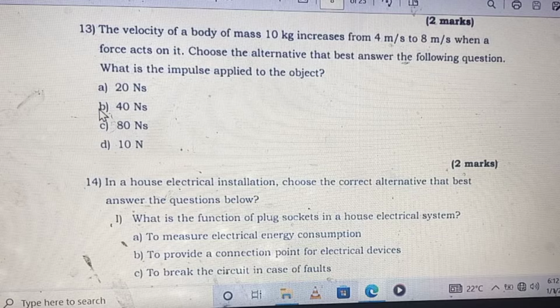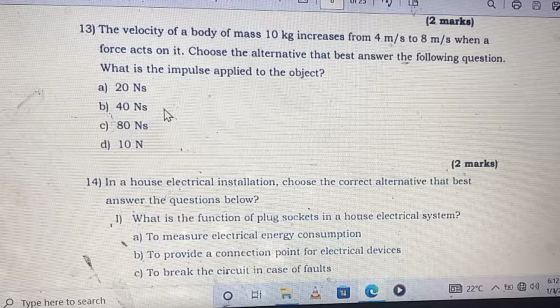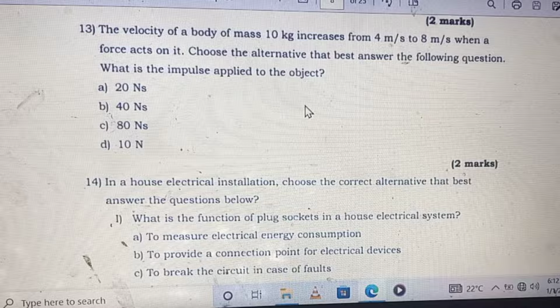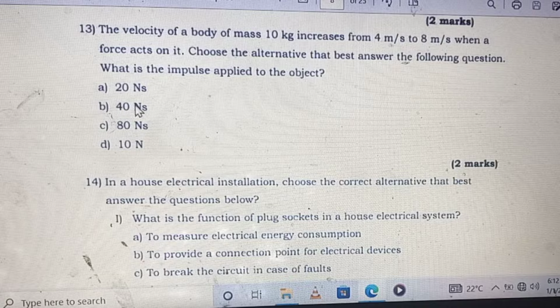The correct option is letter B, 40 Newton second. This answer comes from the formula of impulse equals force times time, or impulse equals mass times change in velocity. We take this mass times the change in velocity, 8 minus 4. We get 40 Newton second.